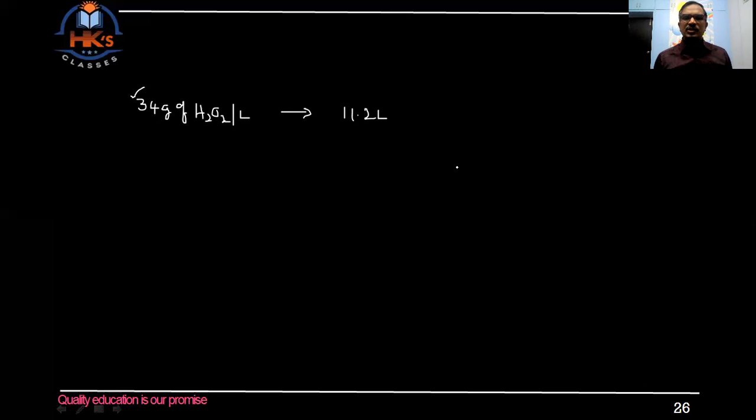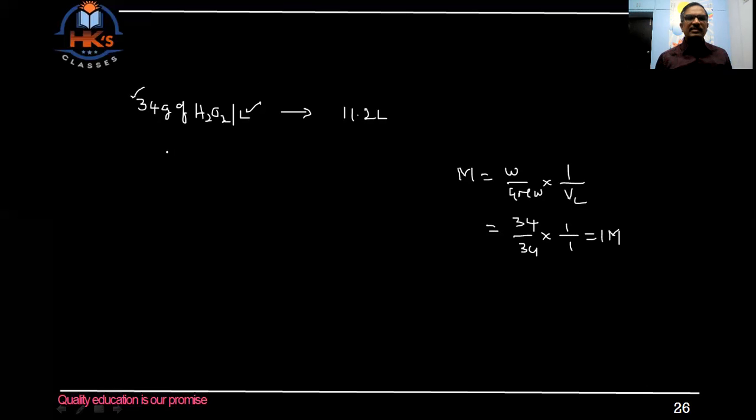The reason is that molarity is equal to weight by gram molecular weight of the substance into 1 by volume of the solution in liters. Here the weight of H2O2 is 34 grams, its molar mass is 34 grams, and the volume of solution is 1 liter, therefore 1 by 1, which is nothing but a 1 molar solution.